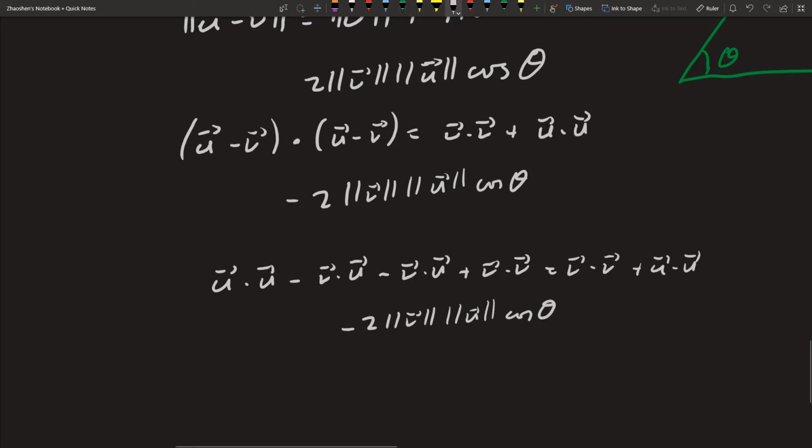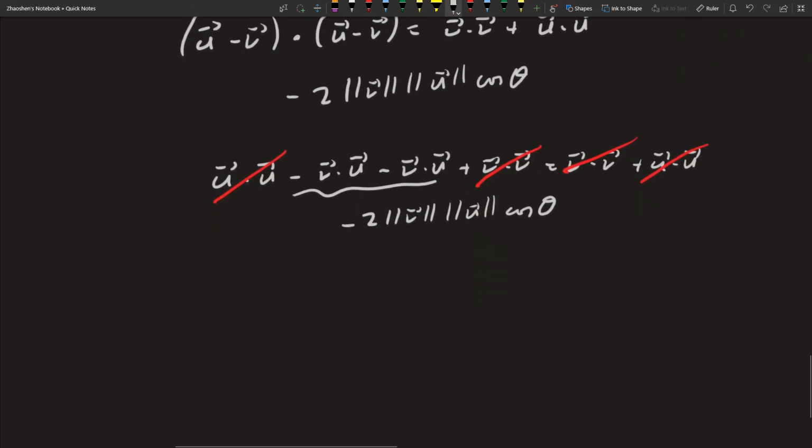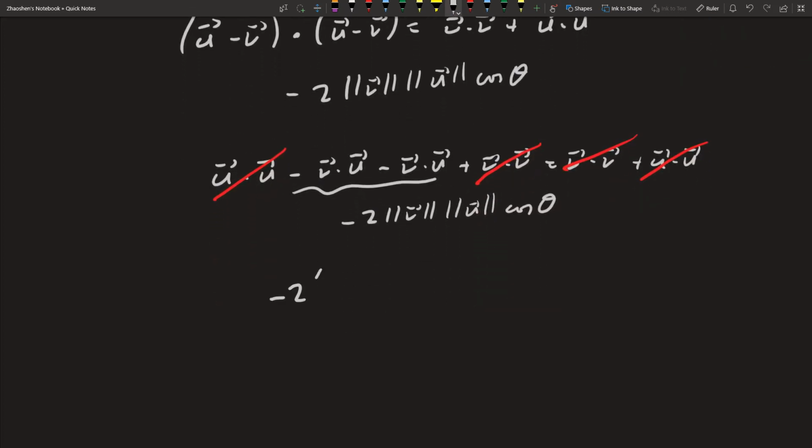Now you notice that things cancel out, right? This with that, this with that. Grouping those two gives us negative 2 v dot u is equal to negative 2 magnitude of v magnitude of u cosine theta.